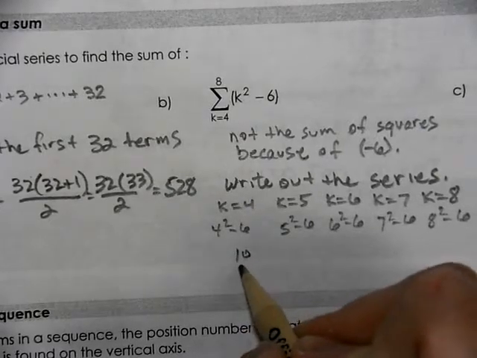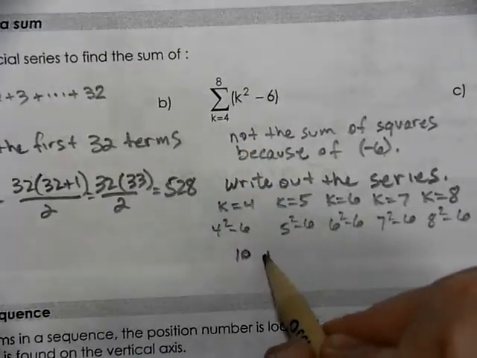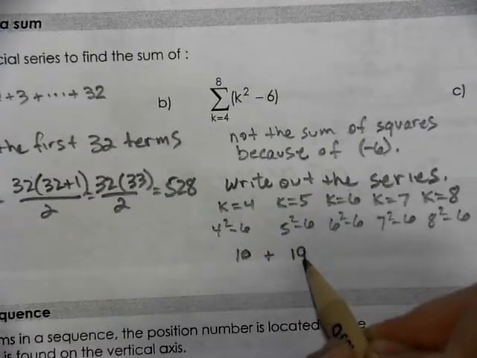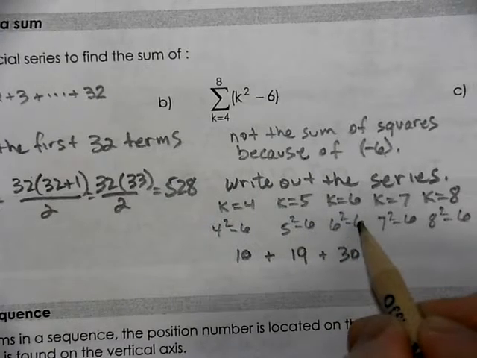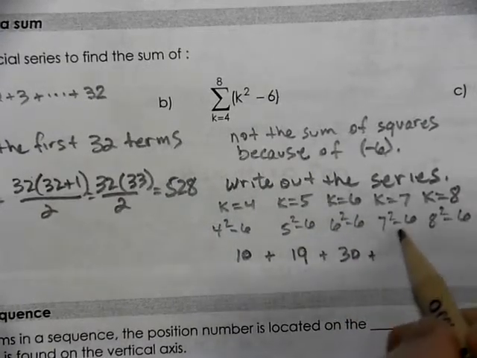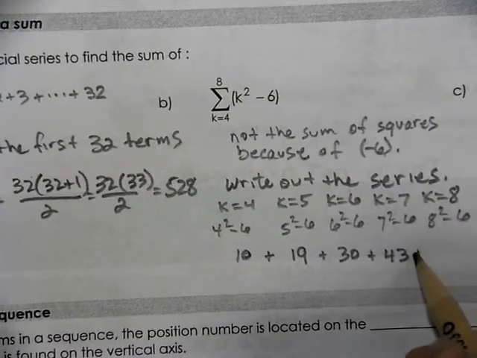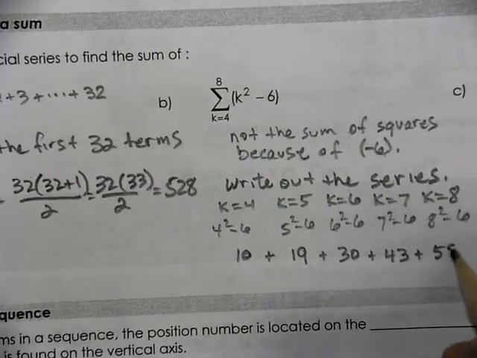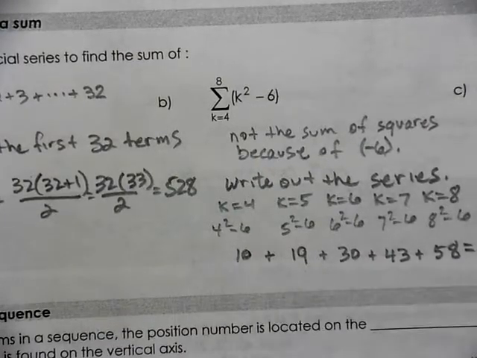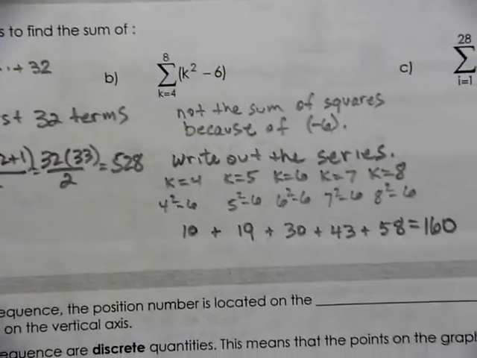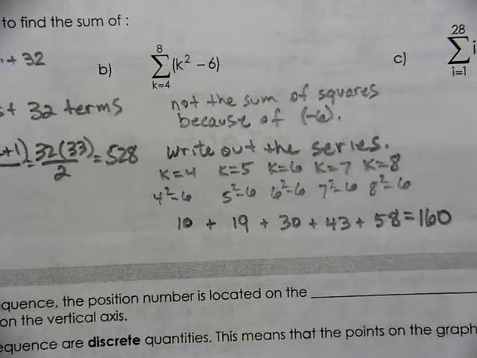This comes out to be 10, and because this is summation notation, we're adding it to what would come out to be 19, and this comes out to 30. 36 minus 6 is 30. 49 minus 6 is 43. This is 58, and that would add up to 160. So this sigma notation adds up to 160.